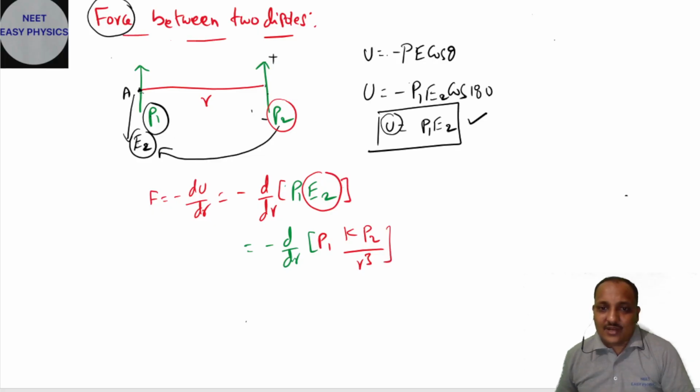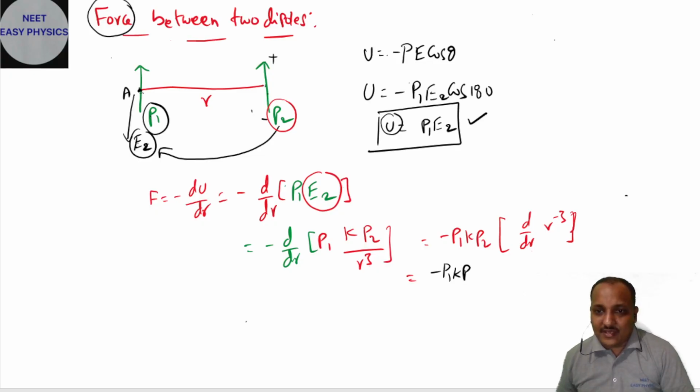Now with respect to r we have to differentiate. So minus P1 K P2 times d by dr of r cube. We can write r power minus 3, so the derivative of r power minus 3 with respect to r. Now what will you get? Minus P1 K P2 times minus 3 r power minus 3 minus 1. Correct?